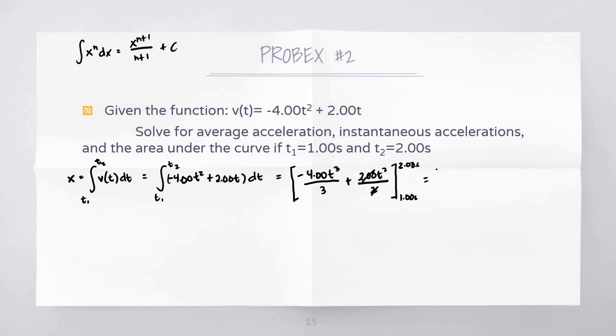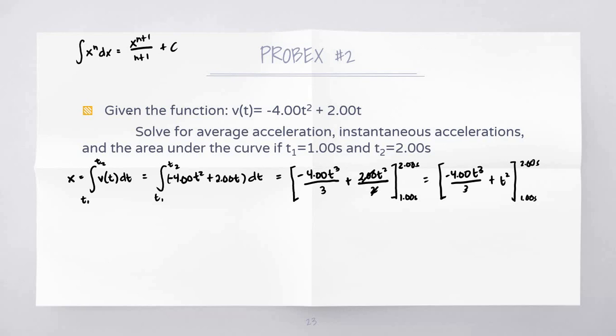We're now left with negative 4t cubed all over 3 plus t squared, with limits from 2 seconds and 1 second. After simplifying, we can now evaluate the whole function and substitute the limits into the equation.